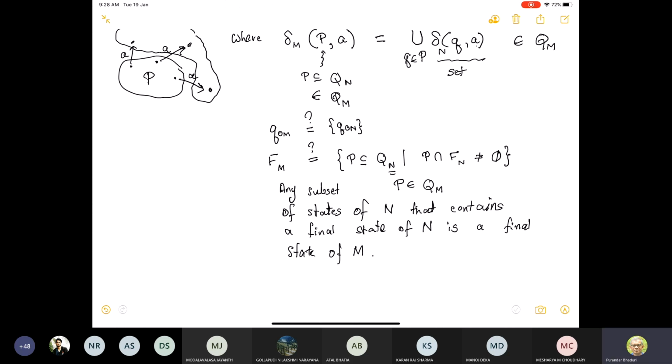Therefore, the DFA also accepts that string, and that is this condition here. Right? This is the condition. Because this condition says at least one of the states in the set P is a final state in N. So is that clear or not?